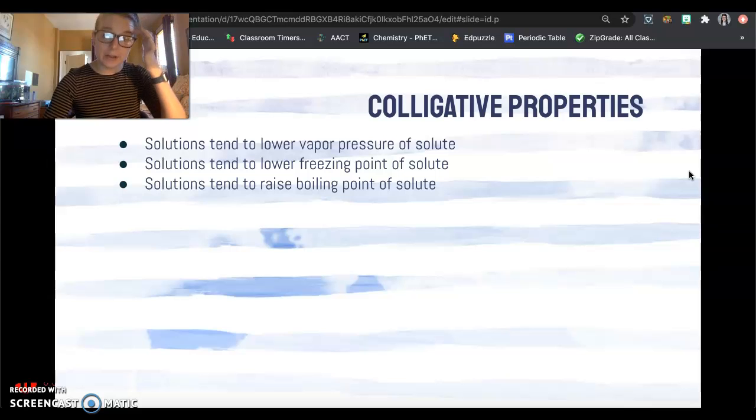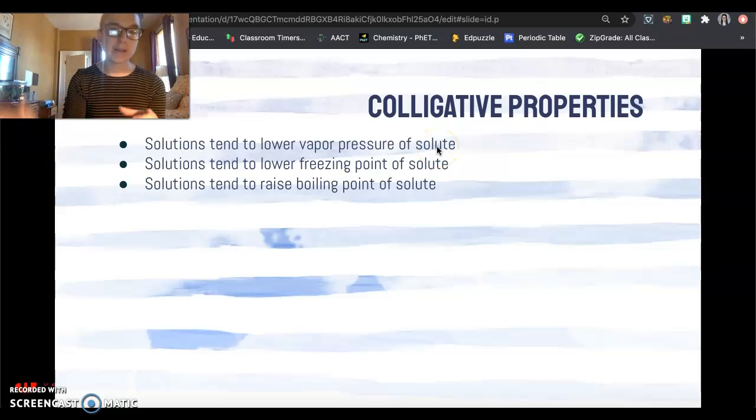Solutions change the colligative properties of the solvent that they are dissolved in. So all of this should say solvent, not solute, sorry. So cross that out, not solute, solvent. So for example, they tend to lower the vapor pressure of the original solvent, for example, water.